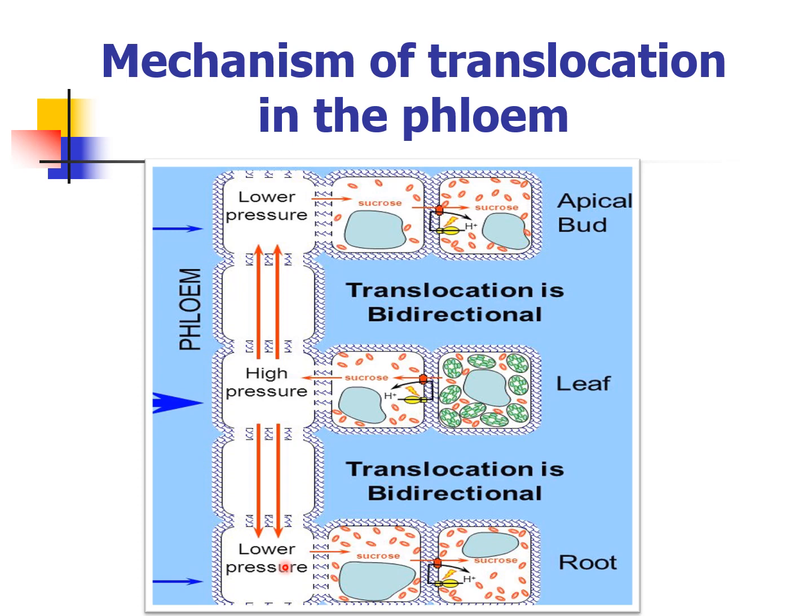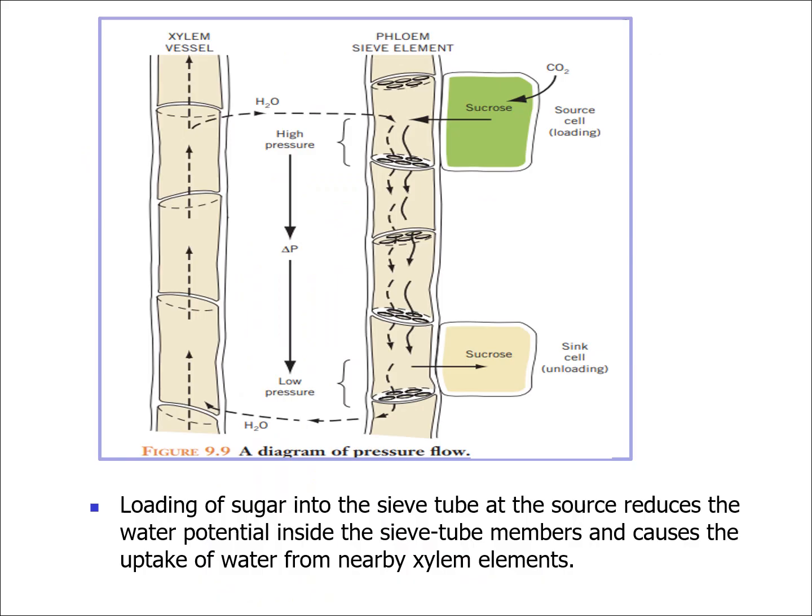Bidirectional transport in adjacent sieve tube elements can occur. However, simultaneous bidirectional transport in a single sieve tube element has never been demonstrated. Shown here is a diagram of pressure flow.